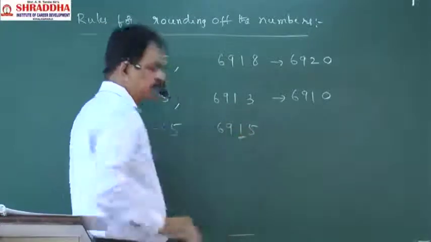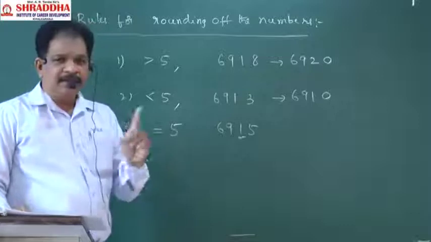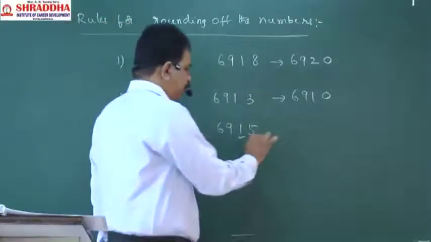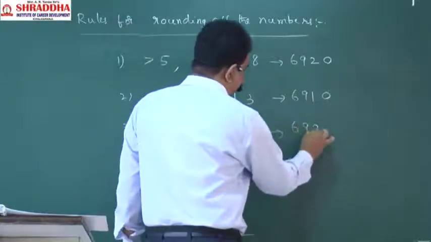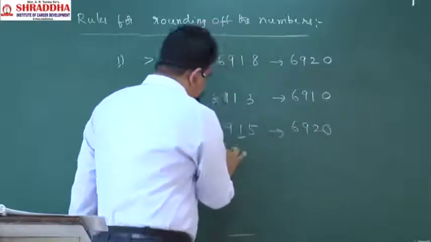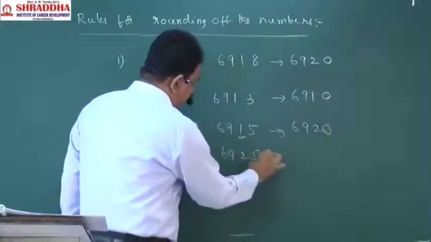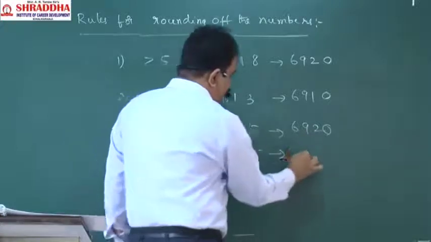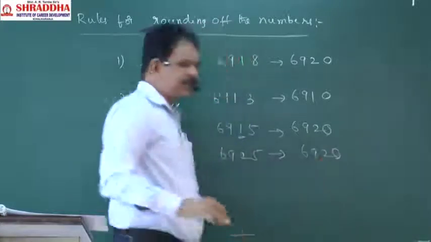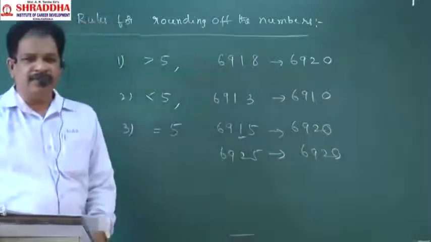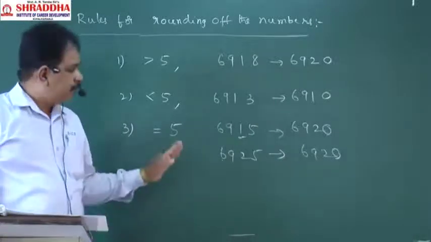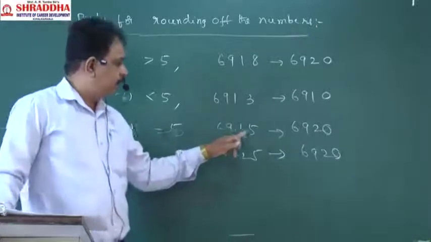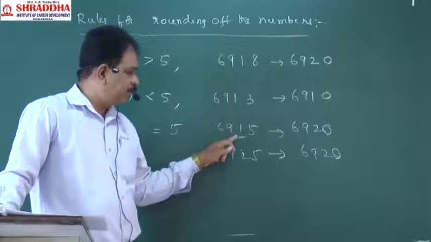If it is odd, that will be increased by 1. So 6920. If this is 6925, this value will also be how much? 6920. Clear?